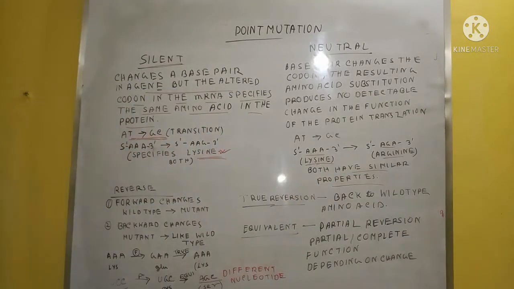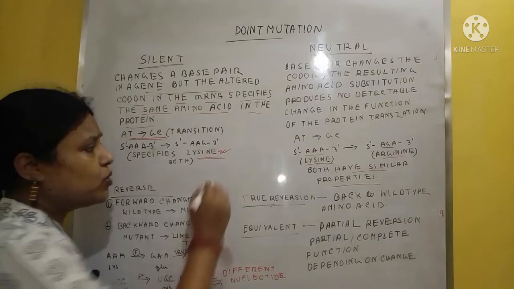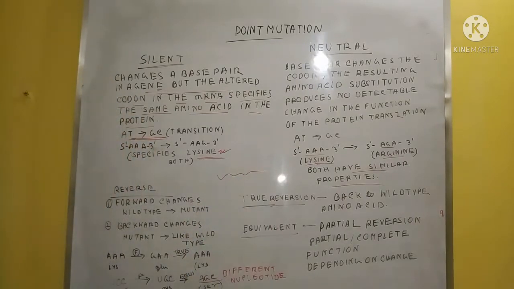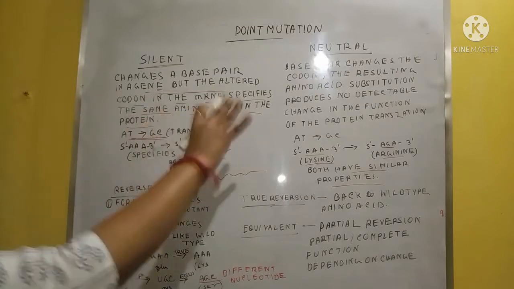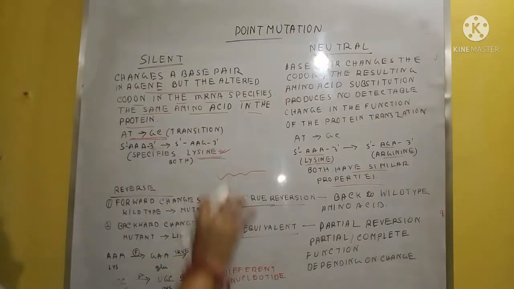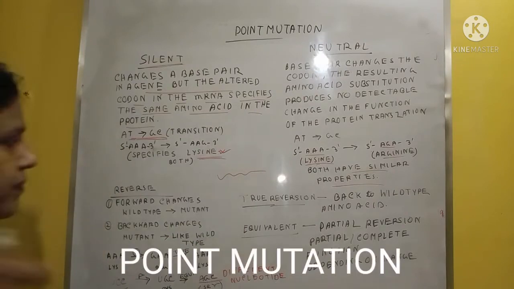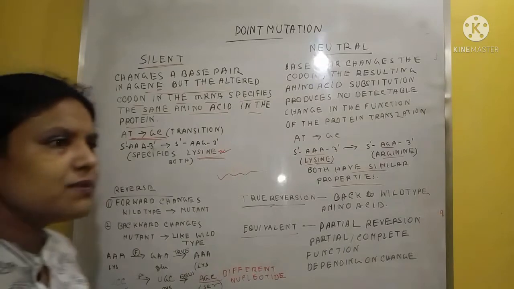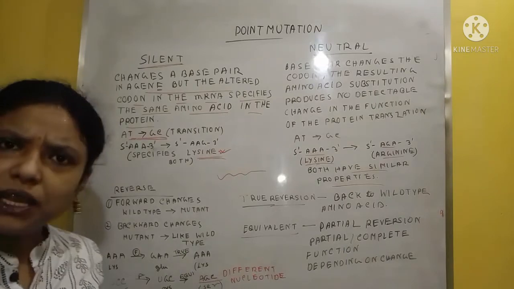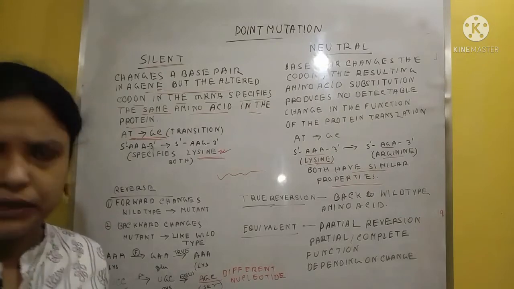Okay, so the protein chain has not been affected. So this is the silent and the neutral. In both cases the protein chain is not disturbed, or the characters of the organism in some cases are not changed or not seen.